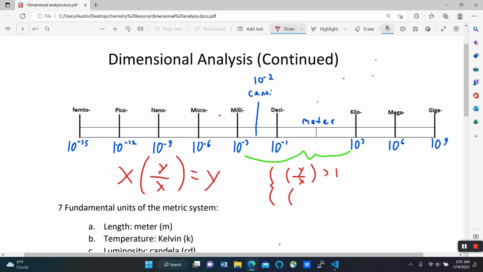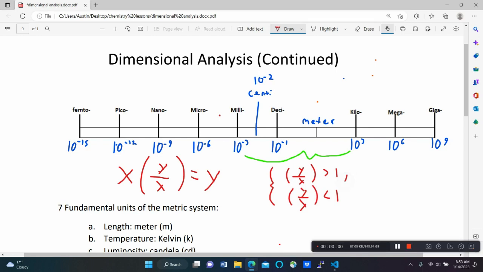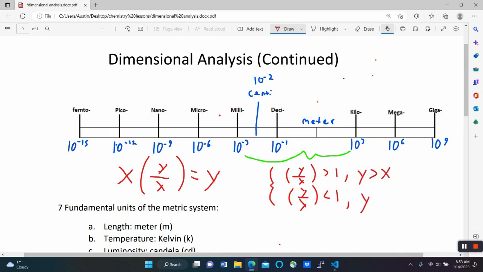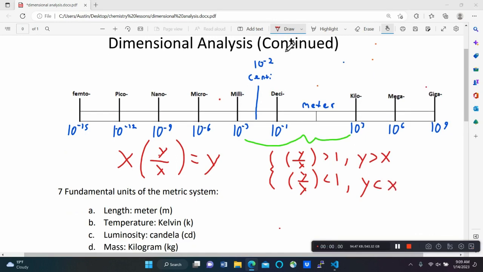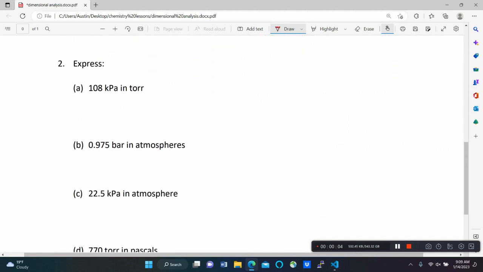If your conversion factor, y over x, is less than 1, then y is going to be less than x. So now that we've covered this topic, we can move on to our unit conversion examples.